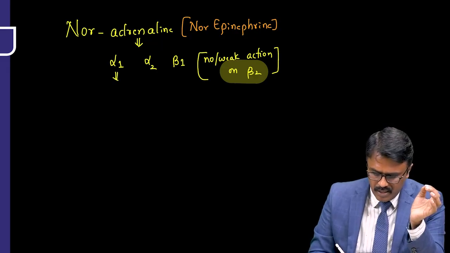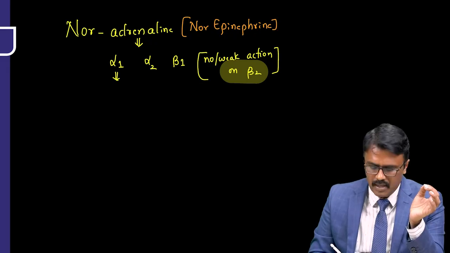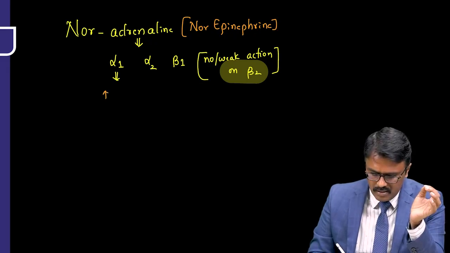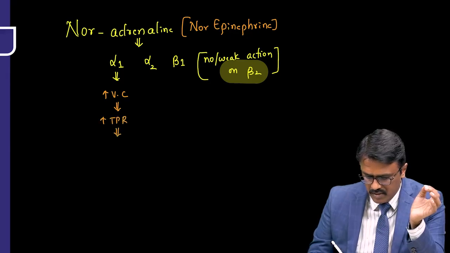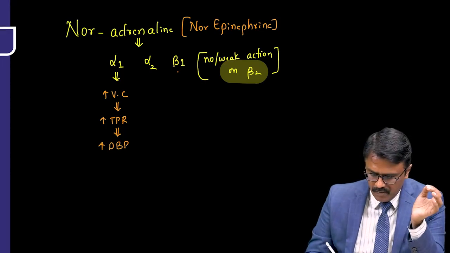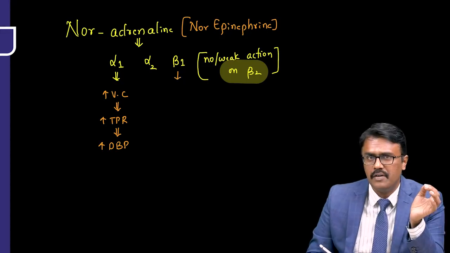Point number 2. Now you know that alpha 1 is present in blood vessels. So what happens? It causes vasoconstriction, and that will increase the total peripheral resistance, and that will lead to an increase in diastolic blood pressure. Now beta 1 is also activated by noradrenaline.